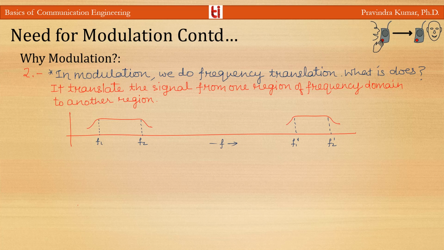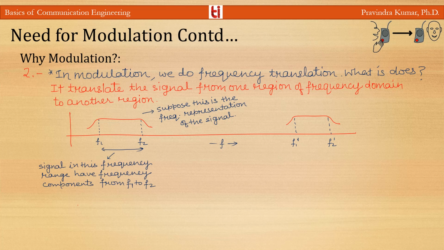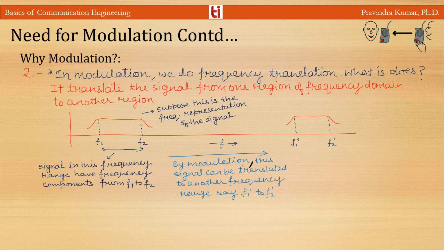Just like here, suppose this is the frequency representation of the signal, means the signal is in this frequency range. You have frequency component from f1 to f2. By modulation, this signal can be translated to another frequency range, says you can say f1' to f2'.